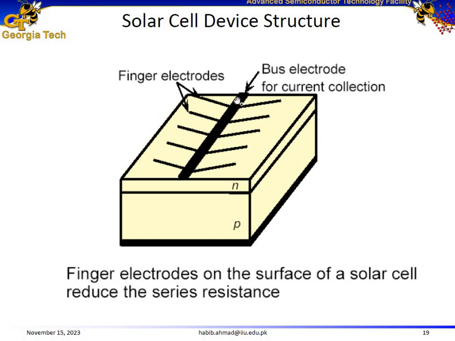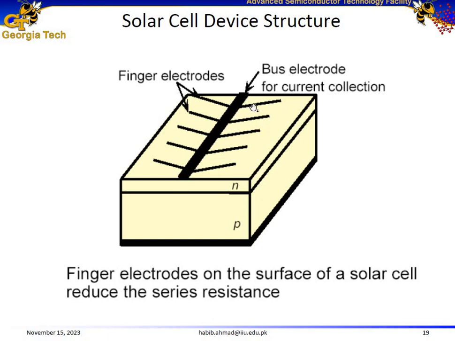What is the reason for that? If we fully cover this entire layer with metal, we know that light can be reflected from the metal, so it's going to decrease the conversion efficiency of the solar cell. But we also need metal so that we can collect carriers, we can collect electrons at the top surface.